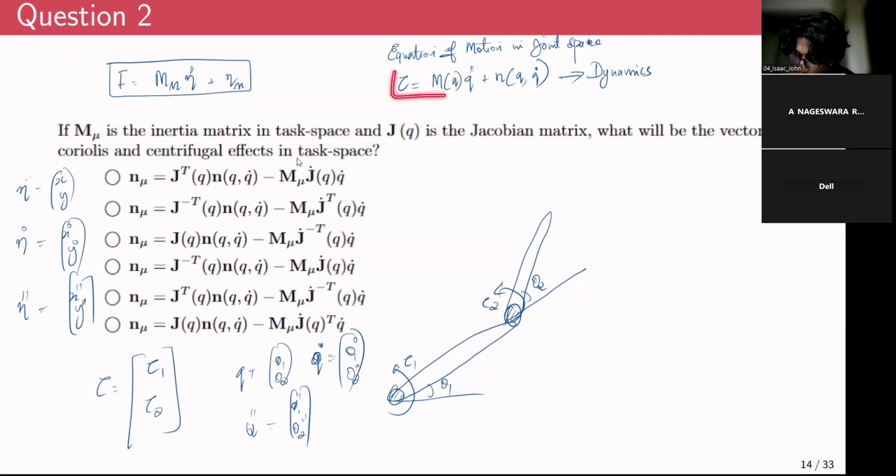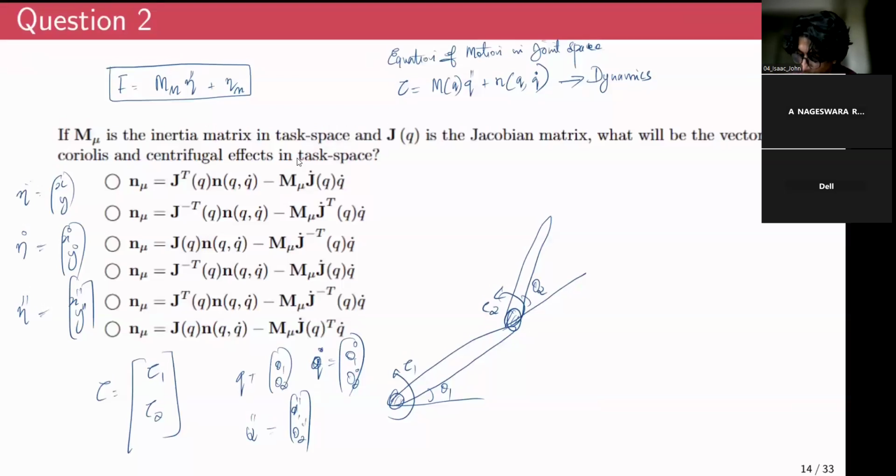So we know that in joint space, this is how the equations of motion would look. And from kinematics, we know the mapping between joint space and task space using this expression. Eta dot would be the Jacobian J of q multiplied by q dot. This would be the kinematic mapping between task space and joint space.